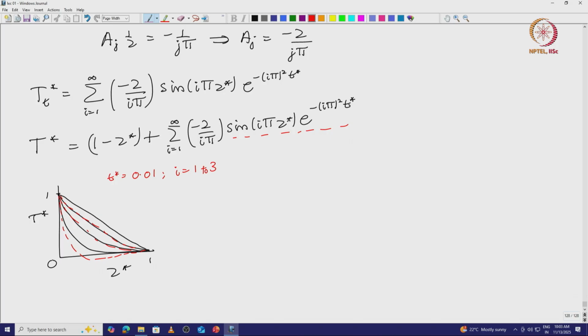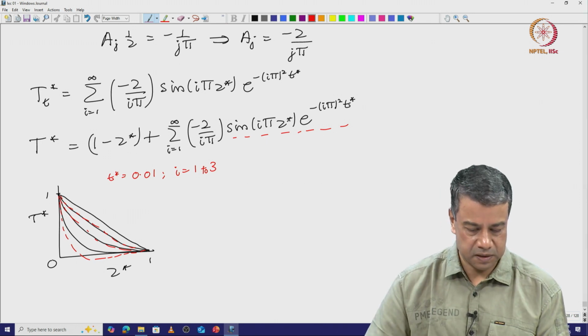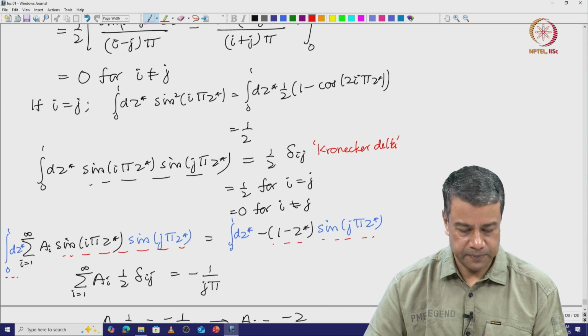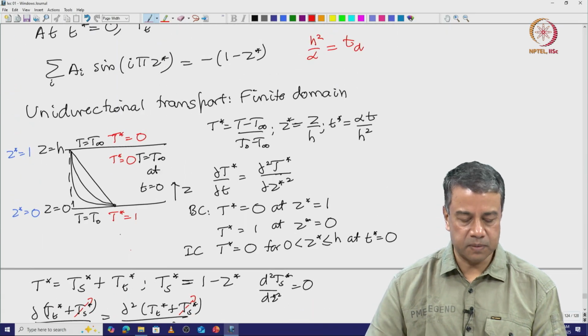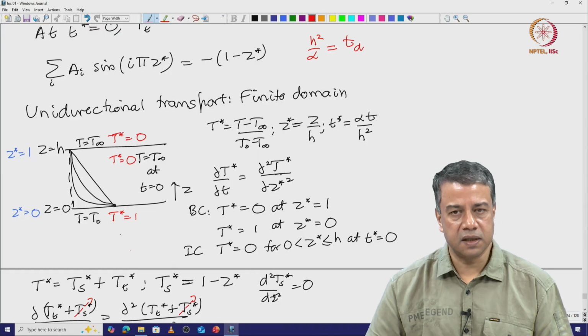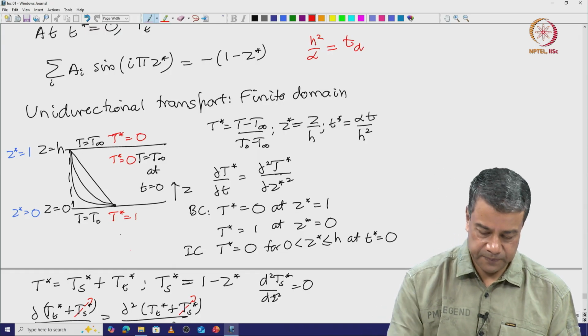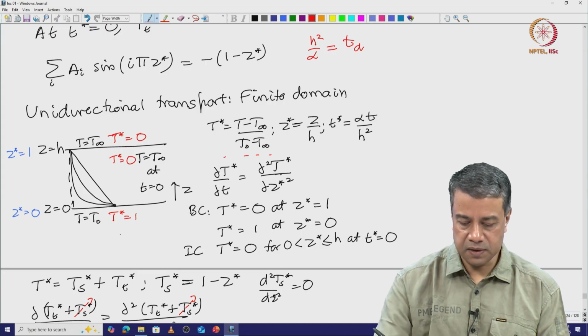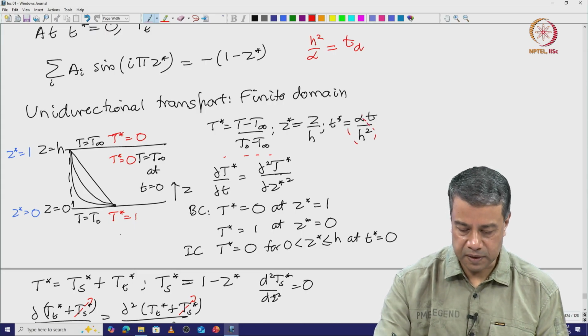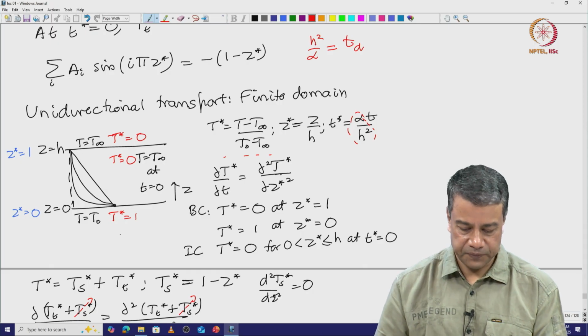Okay. So, this is the solution obtained using the separation of variables procedure. Just to recap, we had an unsteady problem in the finite domain. We scaled temperature the usual way and we scaled z by the height and we got a natural scaling for the time, as alpha by h square.